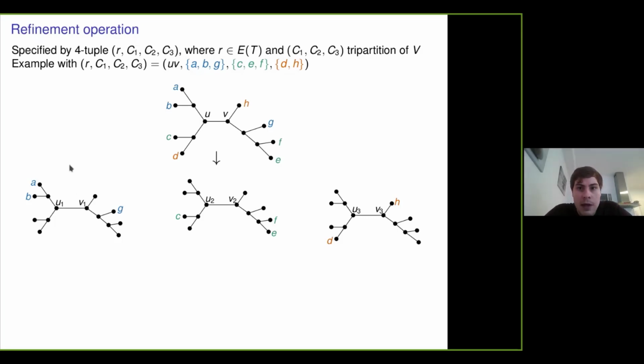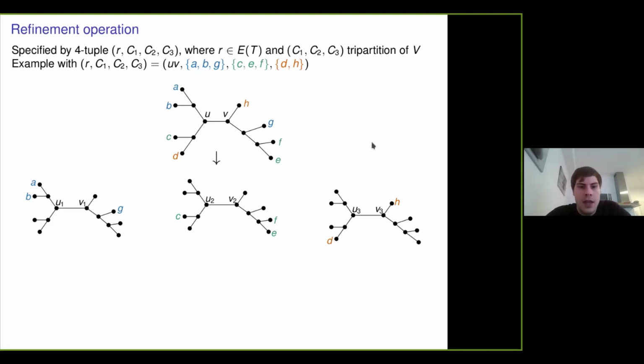So in copy T1 we keep only leaves from C1, so here ABG, in copy T2 we keep only leaves from the set C2, so CEF, and in copy T3 we keep only DH, the leaves in the set C3.